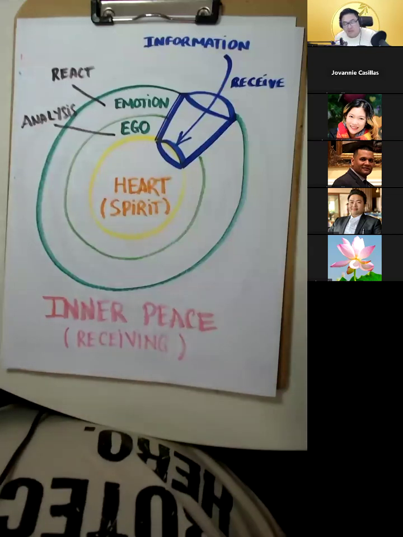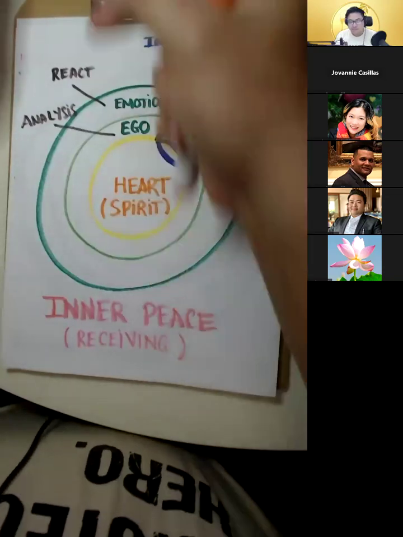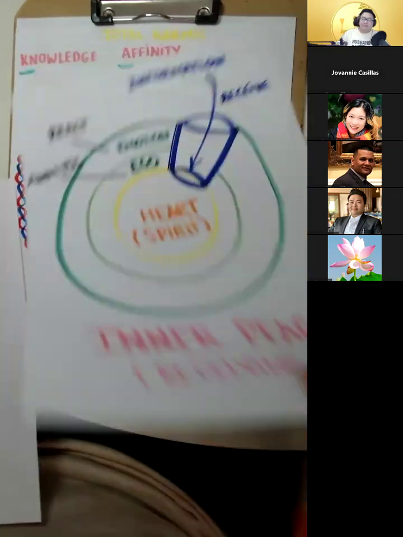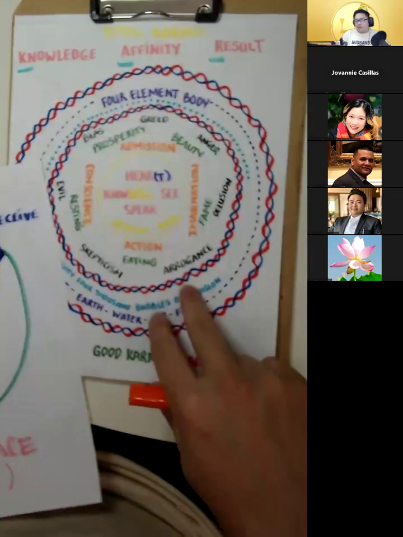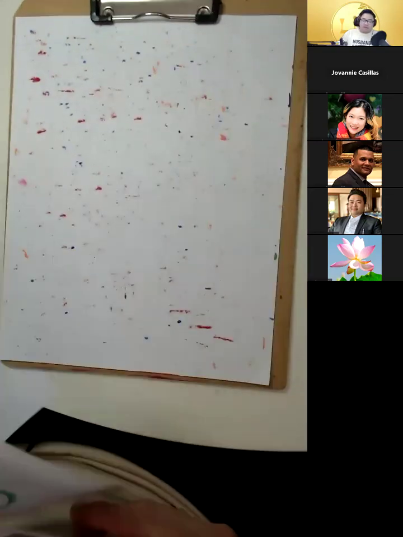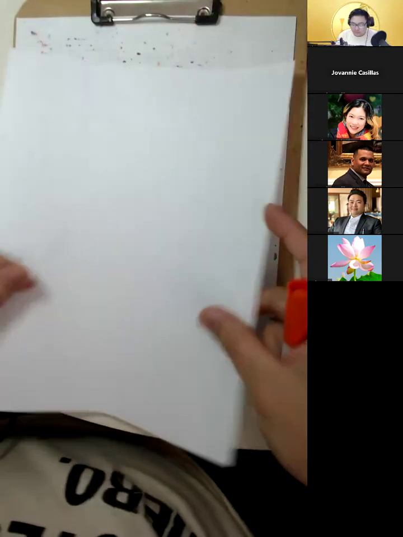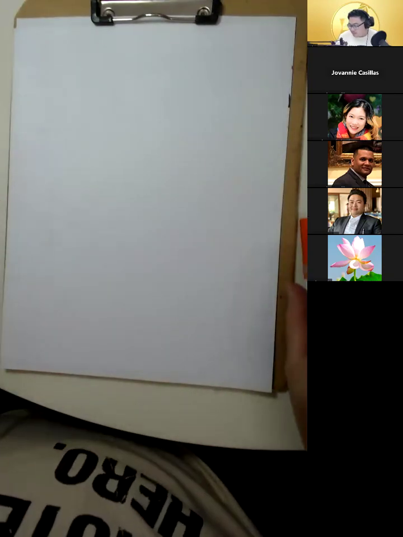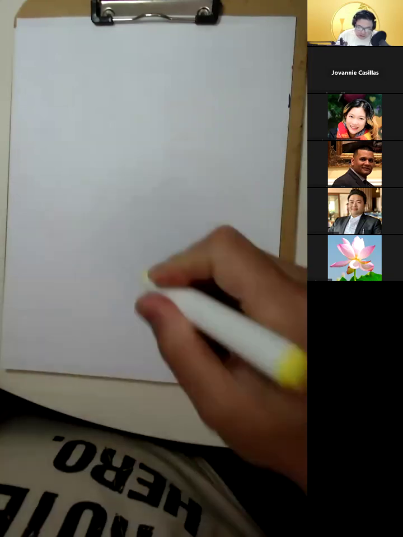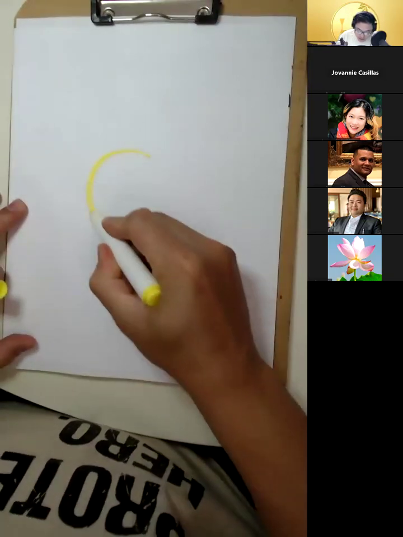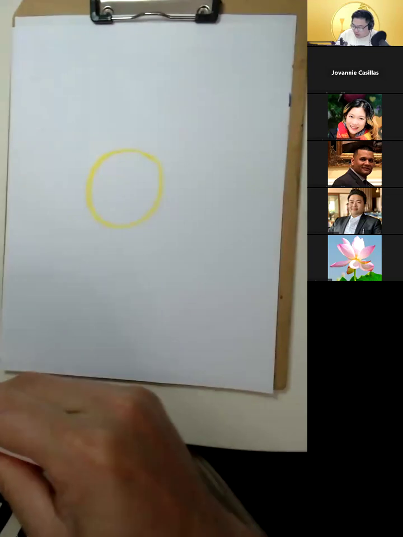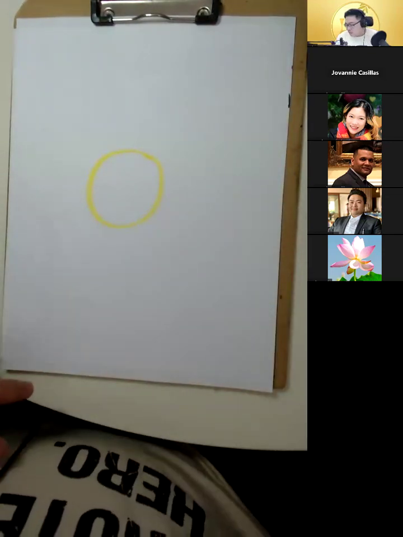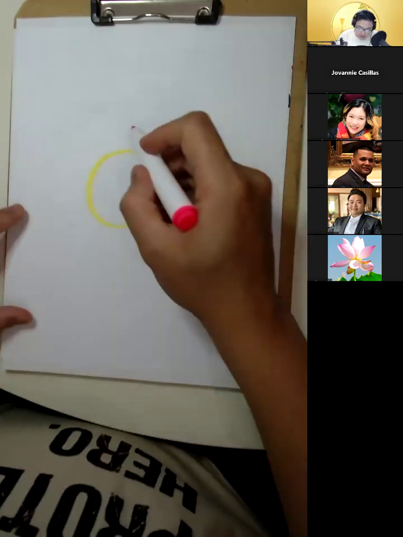And to keep it simpler, to use the term that is more familiar with the Western culture, please allow me to simplify it in the three parts of the human structure that more people are familiar with.